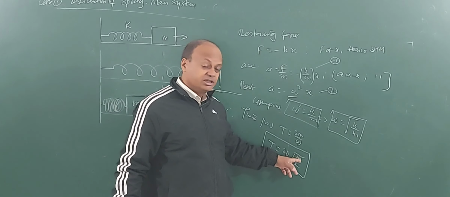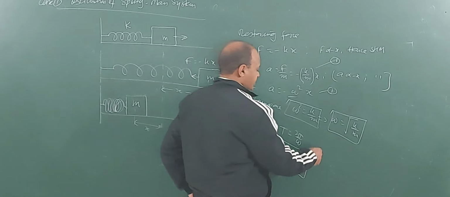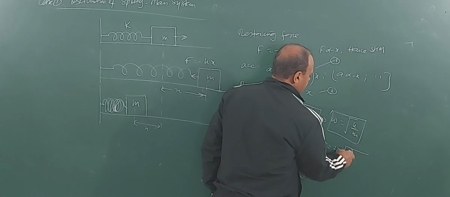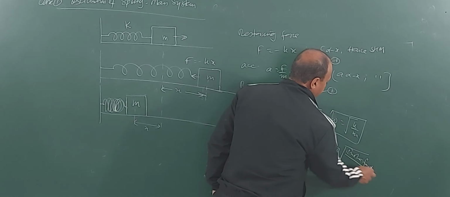Now, this mass is also called the inertia factor and k is called the spring factor. So I can also write T is equal to 2 pi root over inertia factor divided by spring factor.